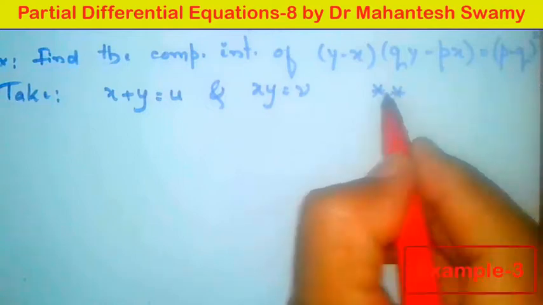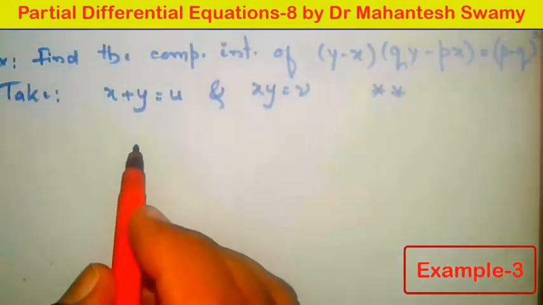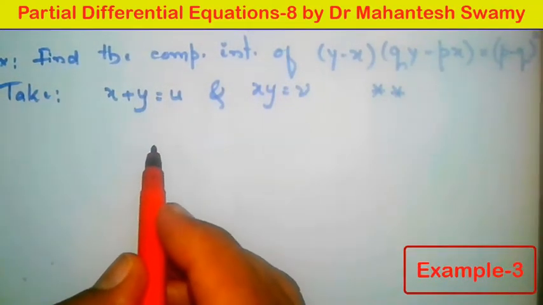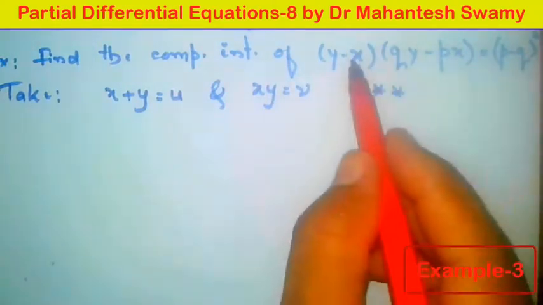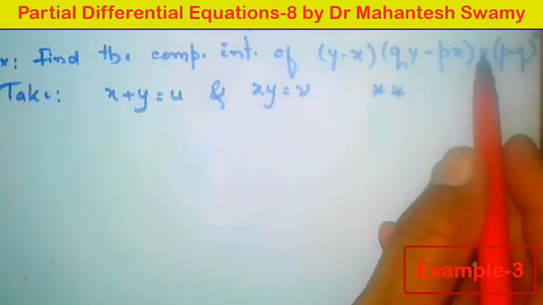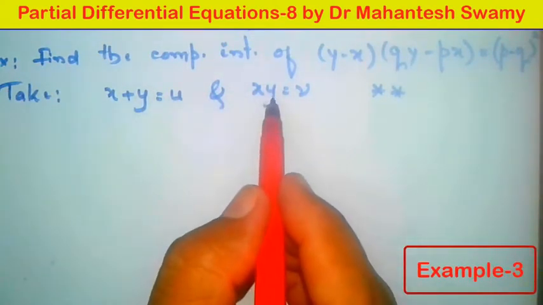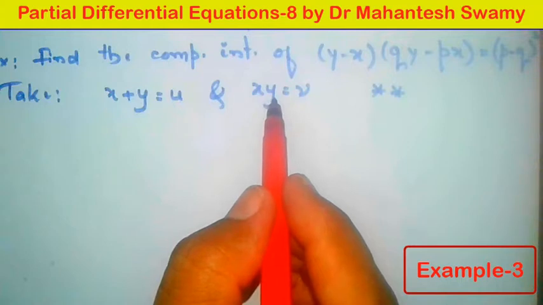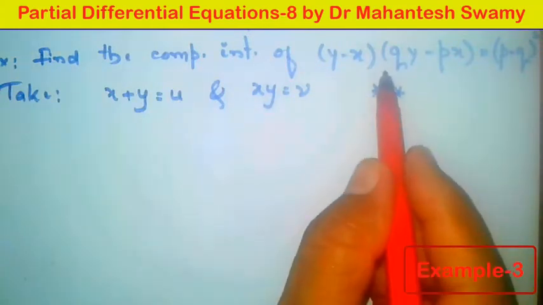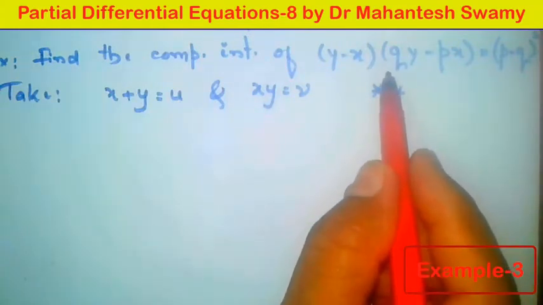Please remember this thing. This is a very important step which makes the given partial differential equation be in the form of type number 1. This is a standard and very important substitution which we are considering here. With this substitution the given PDE can be reduced to the form of type number 1.